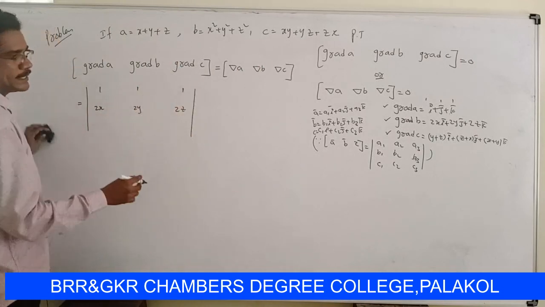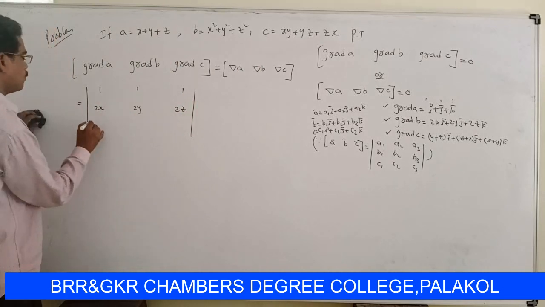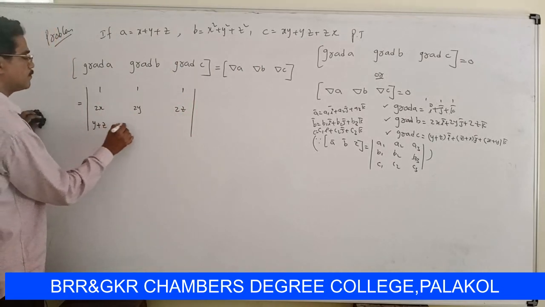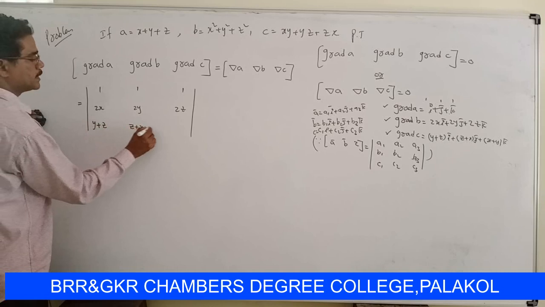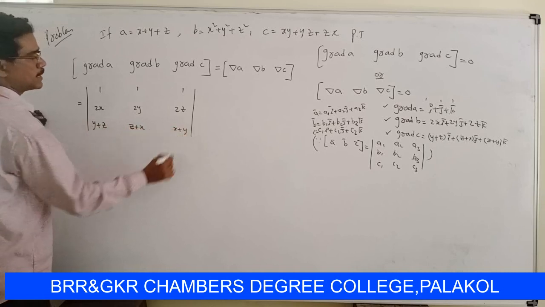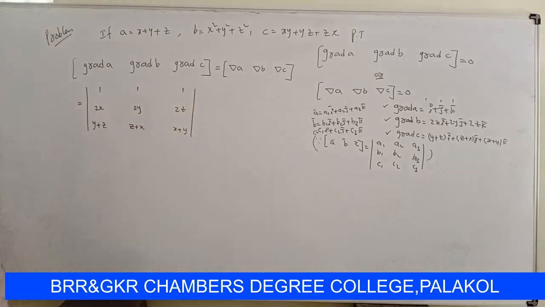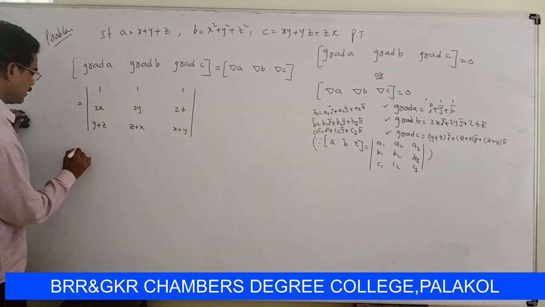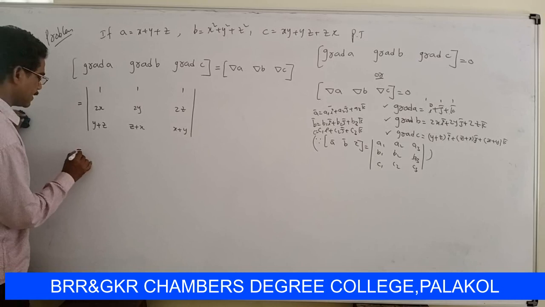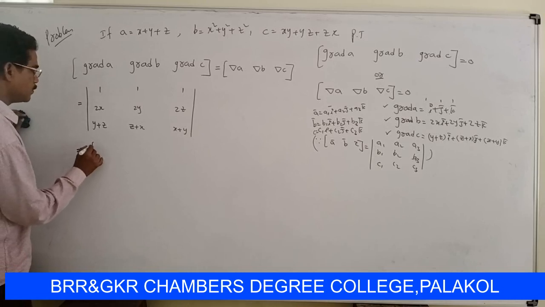Now grad c means y plus z, z plus x and x plus y. Now calculate the determinant matrix, then 1 into here.